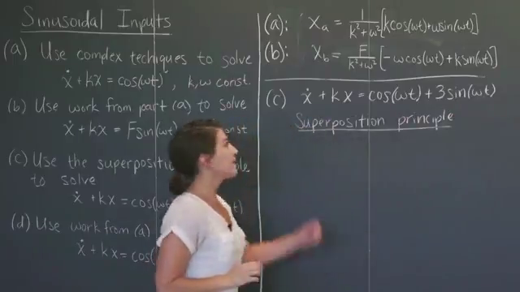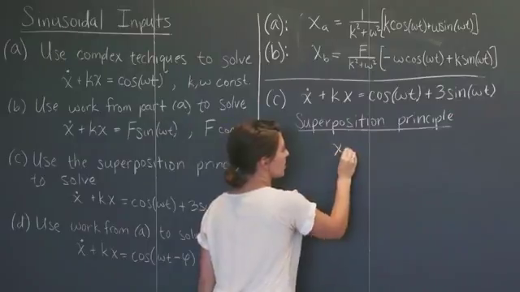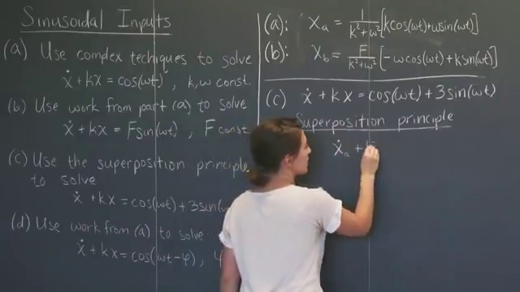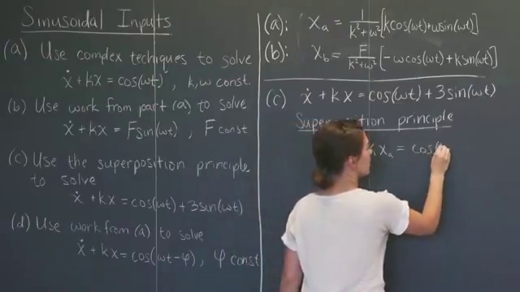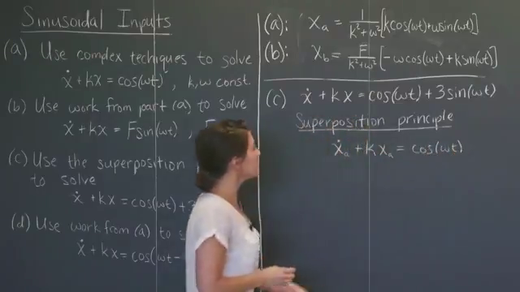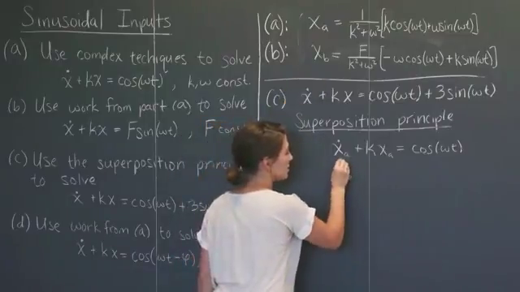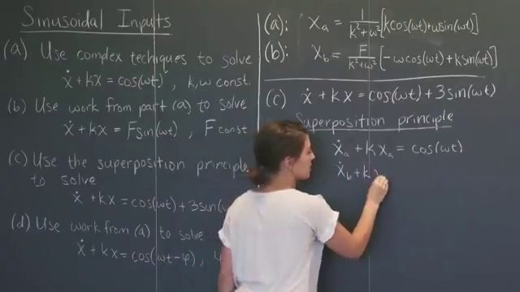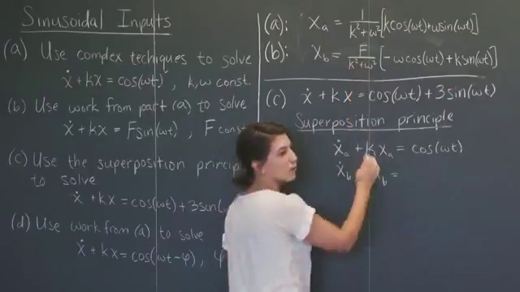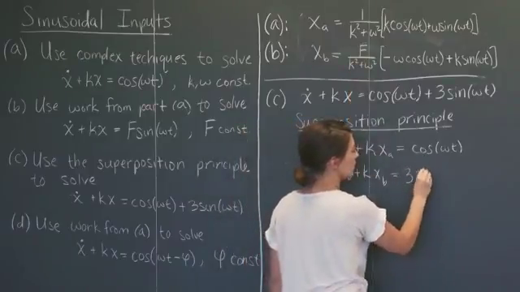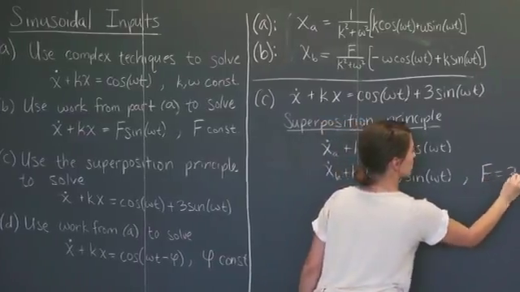We saw in part A that this particular solution satisfied the equation x sub a dot plus k times x sub a equals cosine of omega t. This particular solution for part B solves the equation x sub b dot plus k times x sub b equals, if we let f equal 3 in this case, 3 sine of omega t.